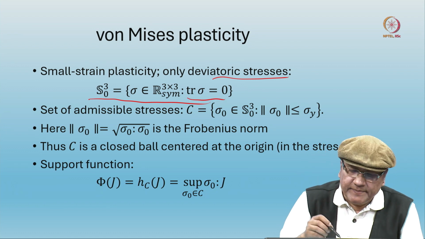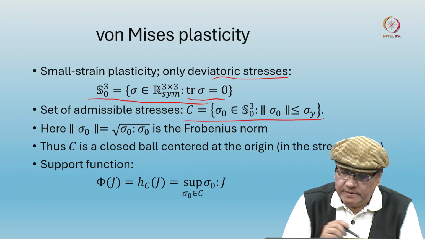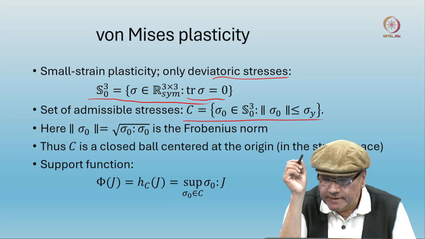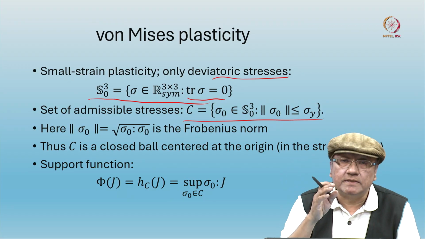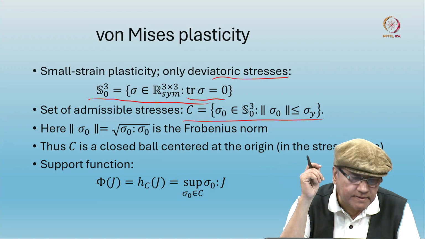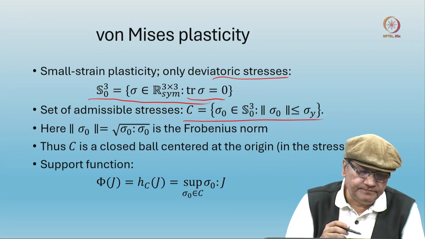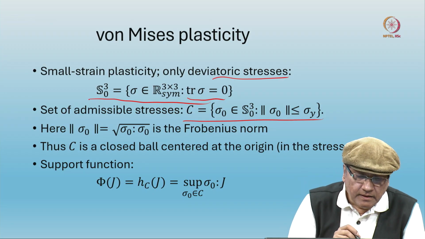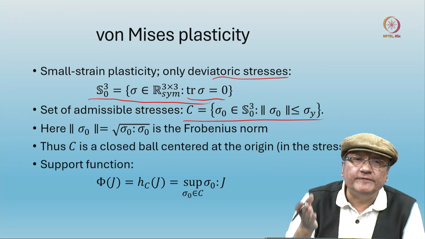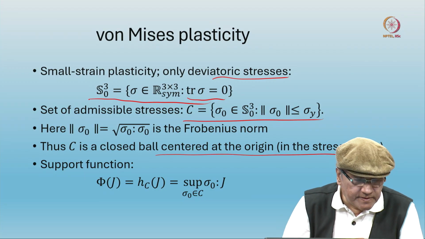Now, the set of all admissible stresses C will be all sigma 0 of this type, that is, belonging to S03, such that the norm of sigma 0 is less than or equal to sigma y, the yield stress, right. That is basically the von Mises plasticity. In this particular case, it is a sphere. So, C is a closed ball centered at the origin in the stress space, right.